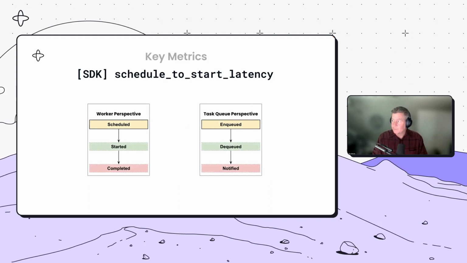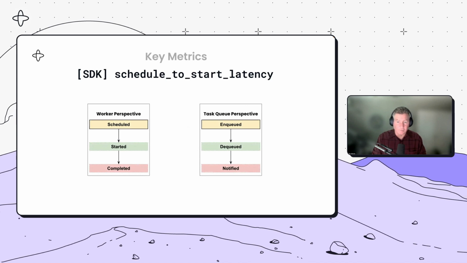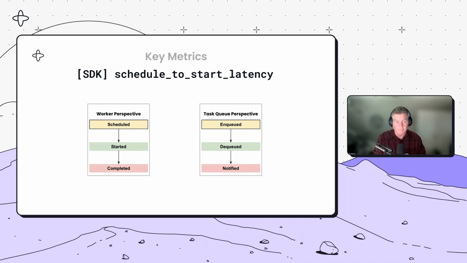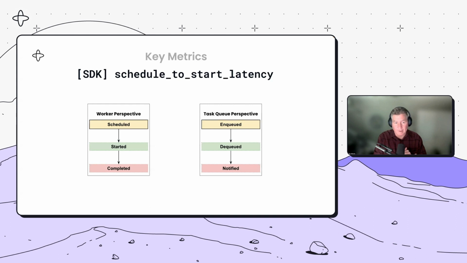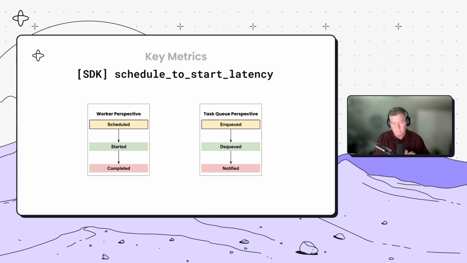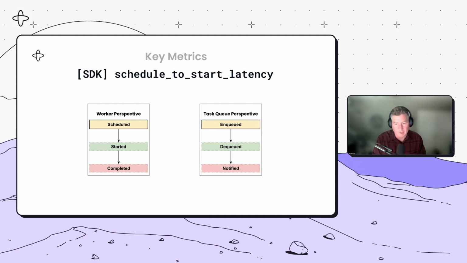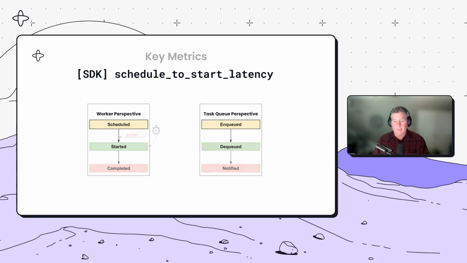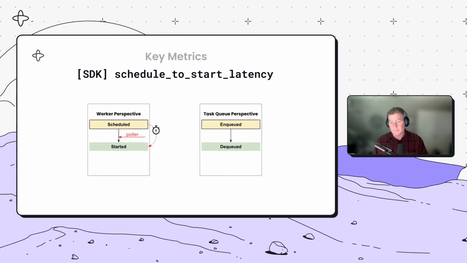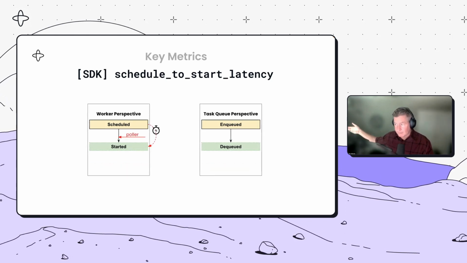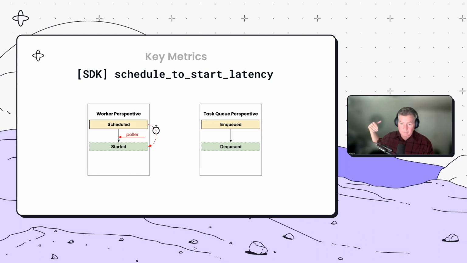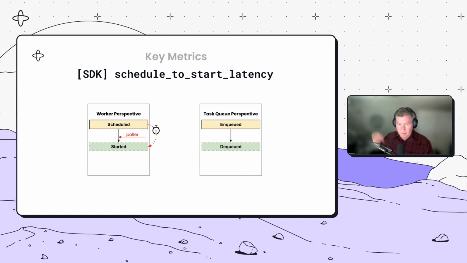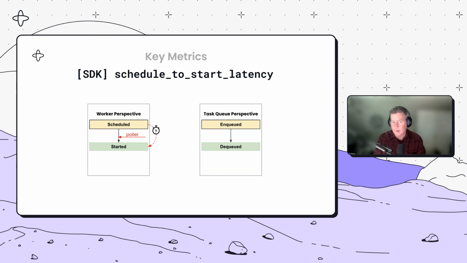So for me, it's helpful to think about this in a couple of different ways. First, from the worker perspective, do I have the scheduled, the started, and the completed task lifecycle? And then from the task queue perspective, it's been enqueued onto the task queue on the server, and then it's been dequeued. Okay, so the poller sits right in the middle of that.